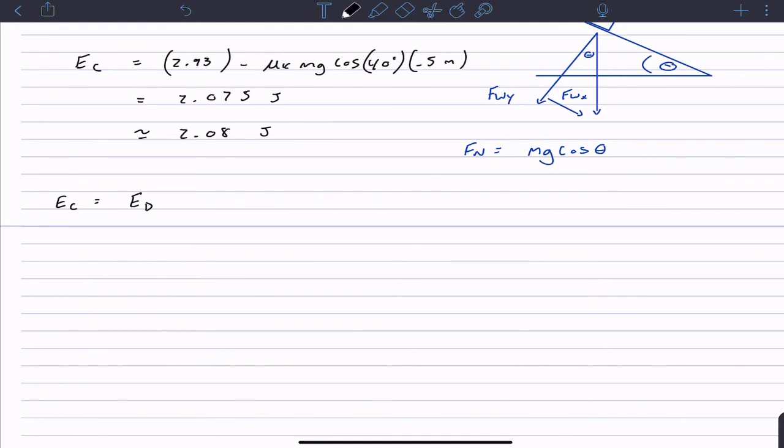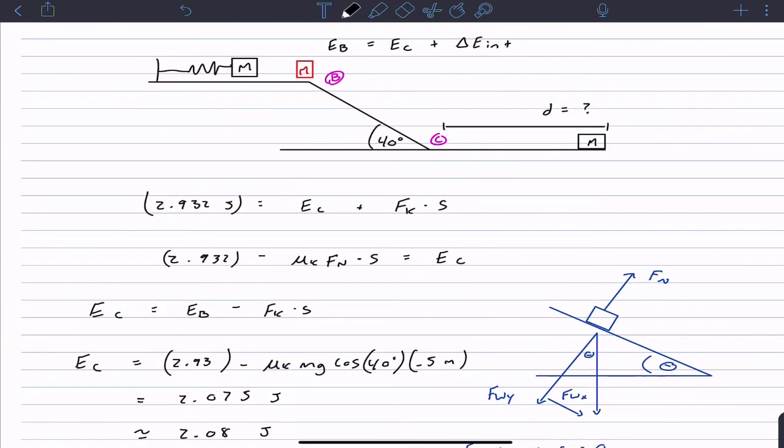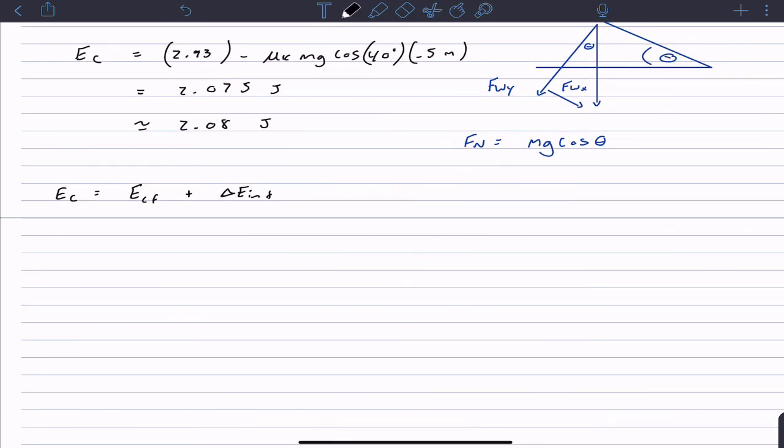We know that there's nothing here, right? Or we can say EC final, that's fine. Plus the change in internal energy, because there is friction along this path. So what we get is 2.08 is equal to, remember, we're looking at this block where it comes to a rest, right? So there's 0, I'll just write it out more explicitly.